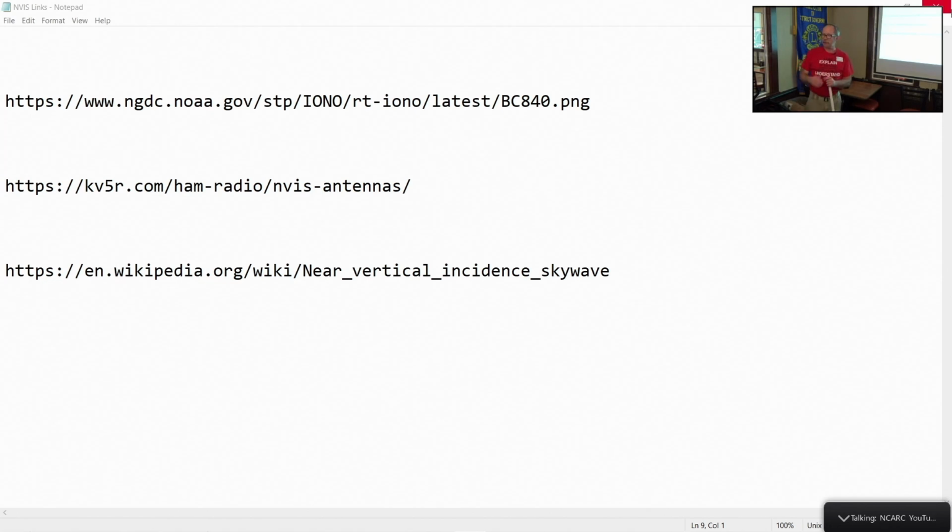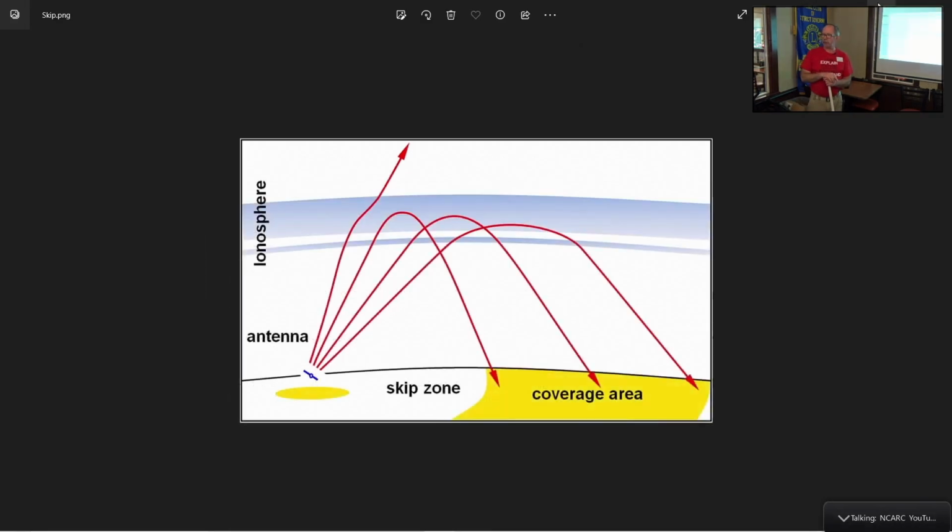So you put RF out kind of low towards the horizon. It will graze the ionosphere, and depending on what the ionosphere is doing and what frequency you're on, it'll bend back down to the Earth somewhere over the horizon, like so.